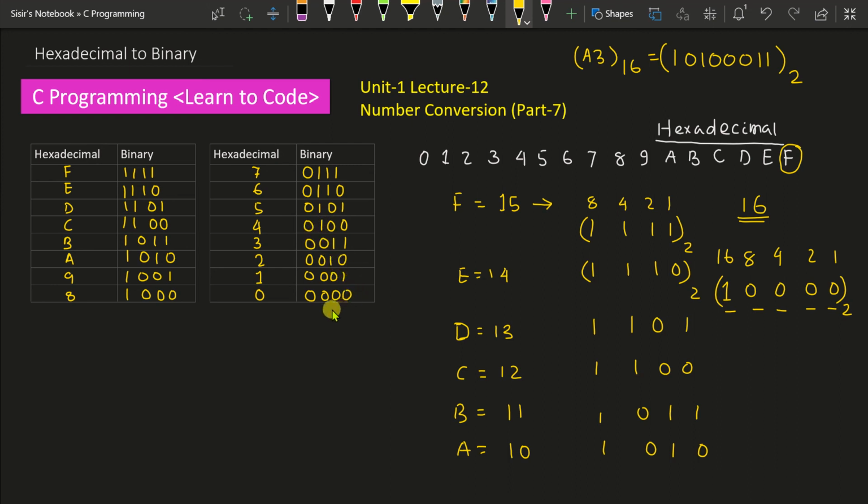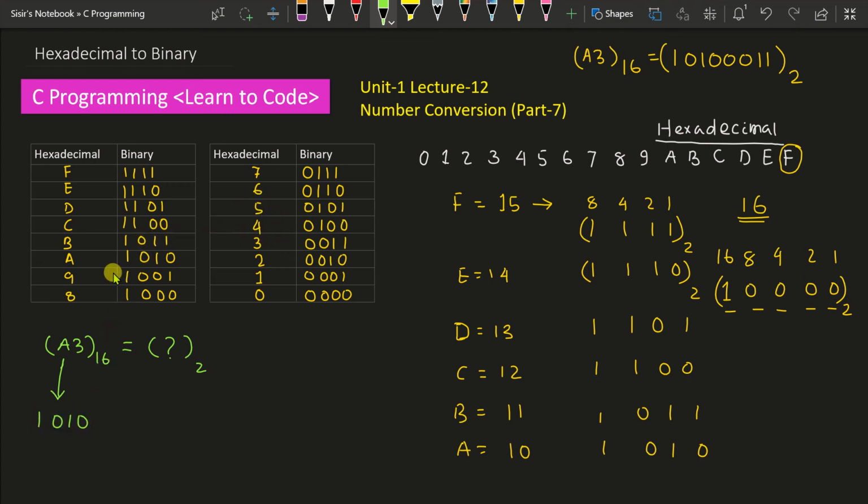Let us take some examples to complete our discussion. The first example is A3. The question is given to you: A3 in base 16 is how much in binary? You know the answer. Now we are going to use the shortcut method. For A, the shortcut method gives 1 0 1 0.